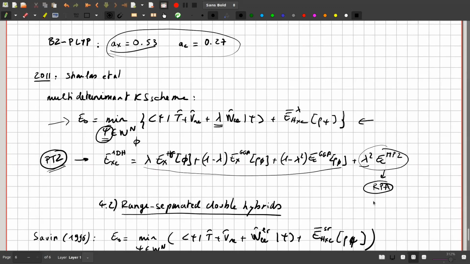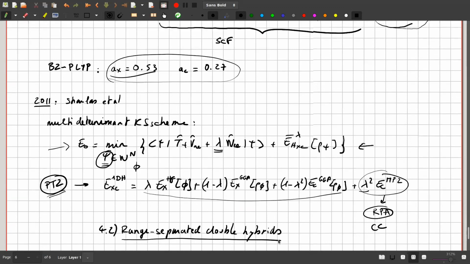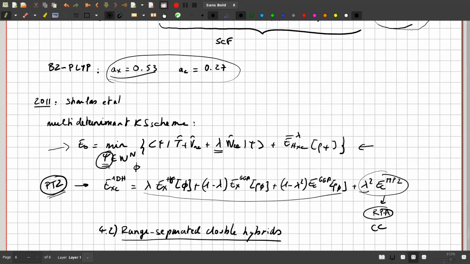You can use also coupled cluster. Okay. And these are perturbation type theories, but you can also, as I said, use non-perturbative expressions for the wave function. You can use MCSCF, you can use DMRG, whatever, to combine DFT and wave function theory.